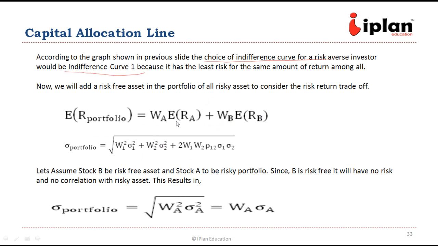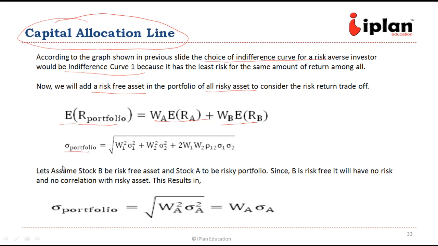Now let us come back to the idea of capital allocation line. In order to achieve an optimal portfolio, we need to mix a risk-free asset like a treasury bond in our portfolio with the riskier assets. This is the formula. We are already aware of it for the return, and this is for the standard deviation.